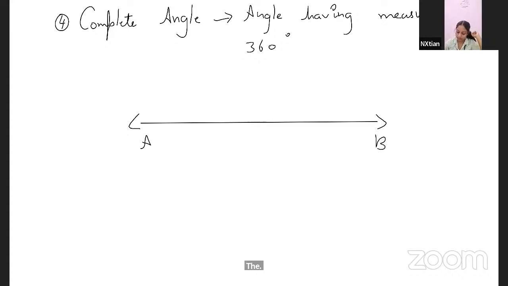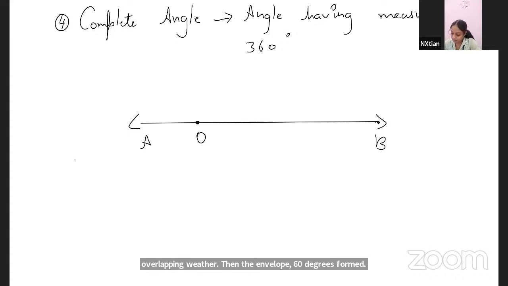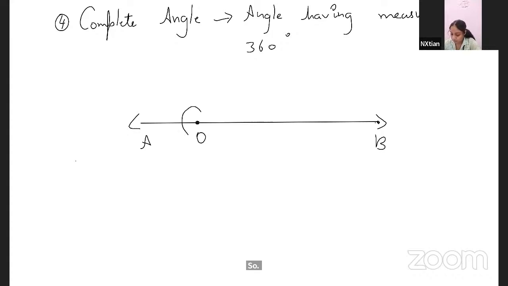Now on this AB, here is another line overlapping it, another small line segment overlapping it, OB. So when two lines fully overlap each other, then the angle of 360 degrees is formed. So here, the angle of 360 degrees will form.